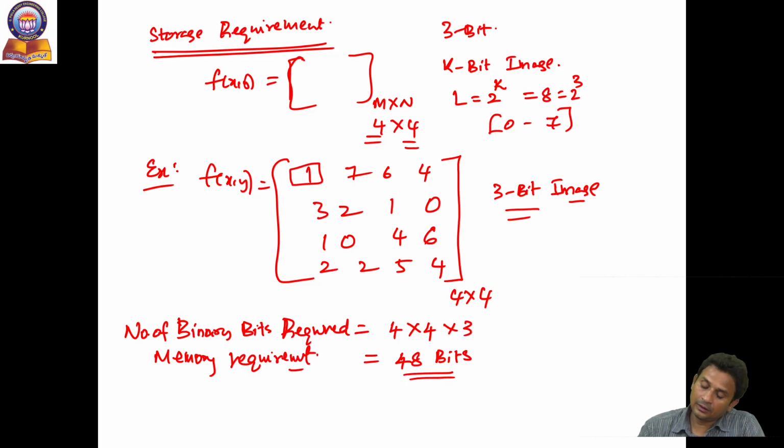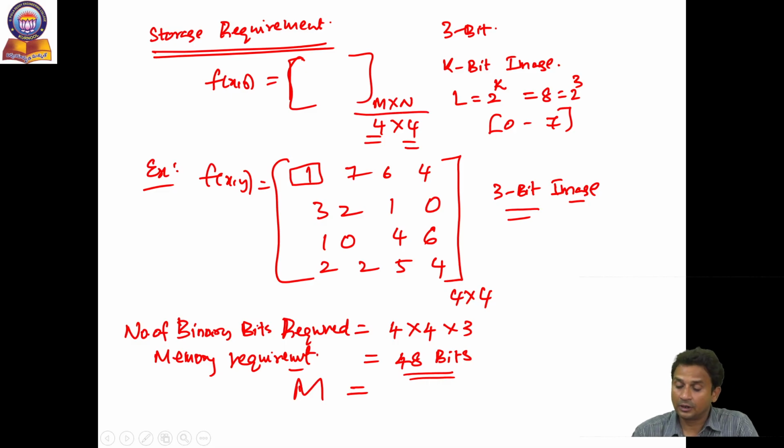If you take the general syntax, the general variables like m, n and k, the number of bits required is m, the number of rows, n, the number of columns, into k, the number of bits. So the storage requirement is m into n into k.